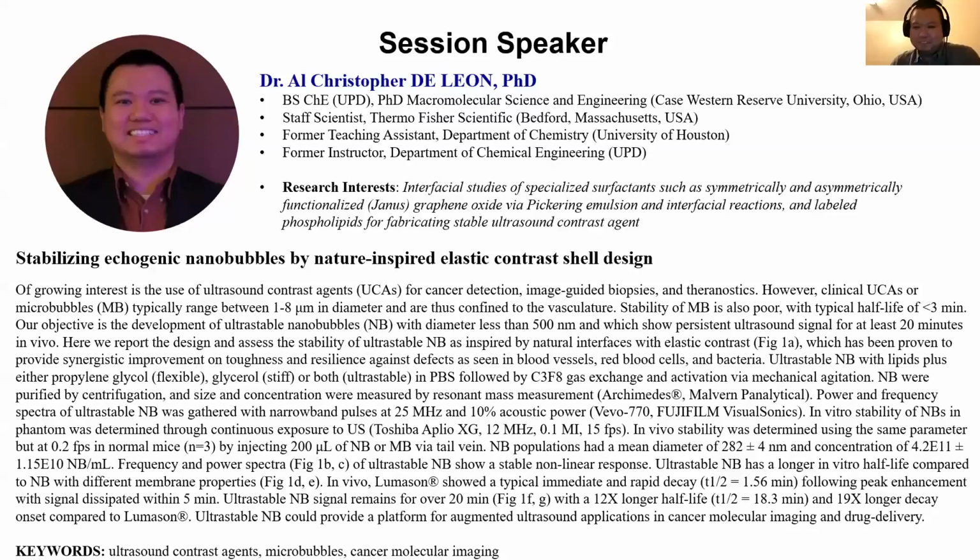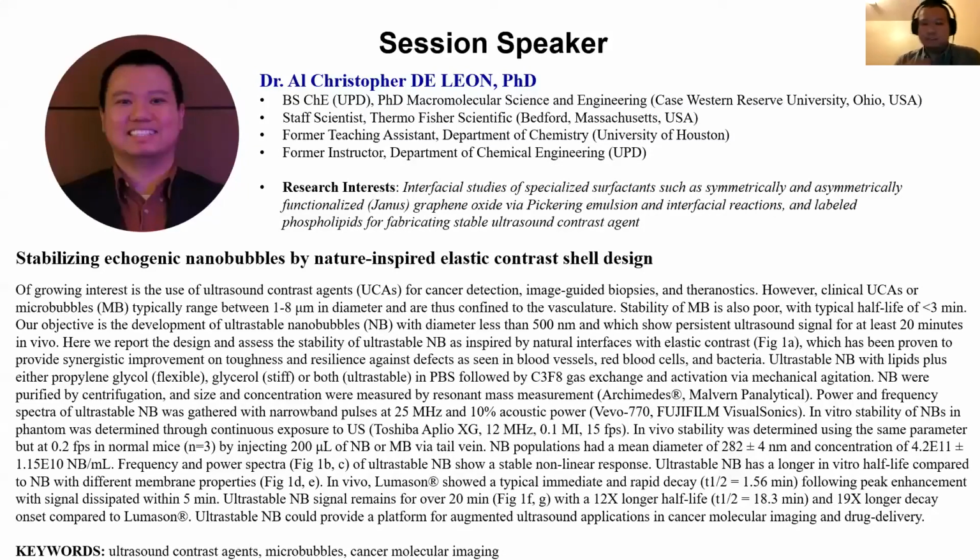You're welcome. My question: are there any other groups outside of Case Western pursuing a similar approach or a different approach to improving contrast in imaging? Yeah, there's a couple, but there's still a debate whether nanobubbles actually exist.